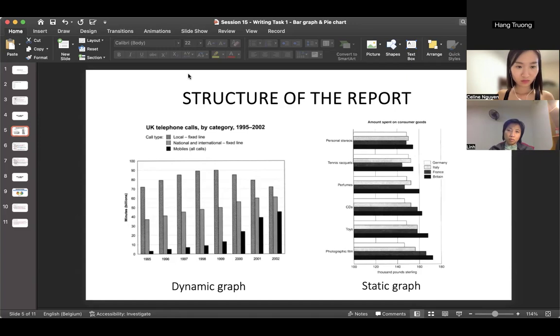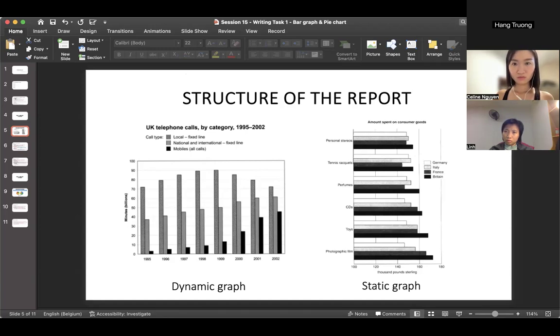During this preparation time, we really need to master the skill of looking at a certain graph and knowing how to analyze. If we have this standard structure in mind already, then we can always extend on it and become more confident when we see other kinds of bar graphs.